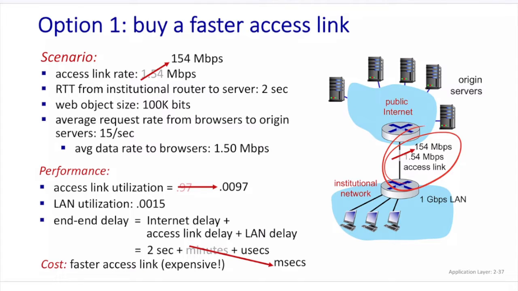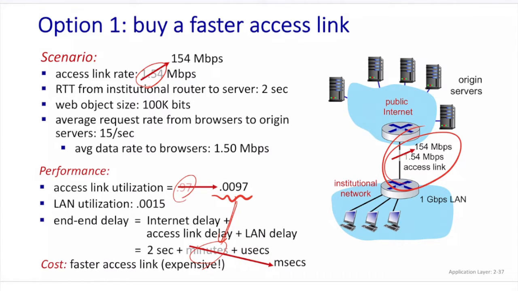So every number right here changes to 154, so your link utilization decreases. Since you have a very small link utilization, your queue must be empty or nearly empty. So you don't have to wait 10 seconds, 20 seconds, or a minute to be transferred to the router.